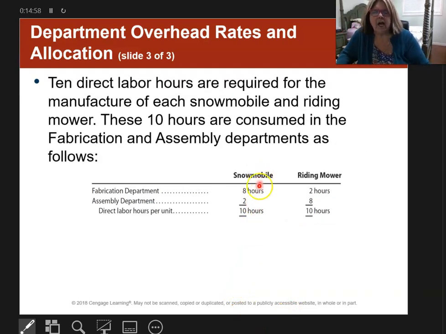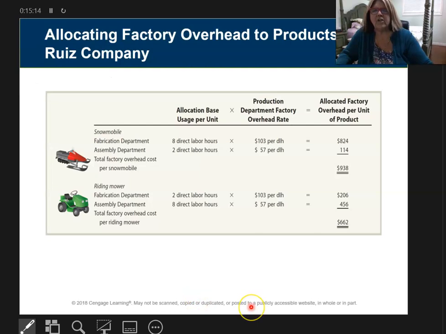Now we know each item requires different things. So a snowmobile has 8 hours in fabrication and 2 hours in assembly. The riding mower is 2 hours in fabrication and 8 hours in assembly. So our chart kind of looks like this. We're going to start applying that rate.